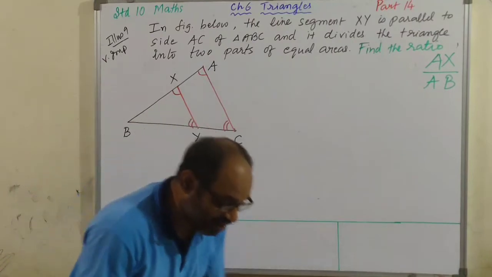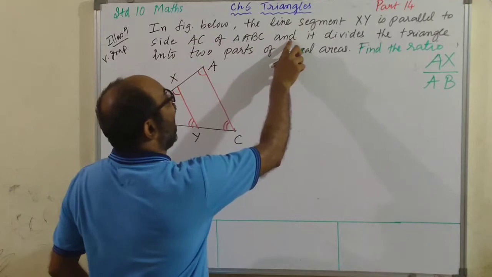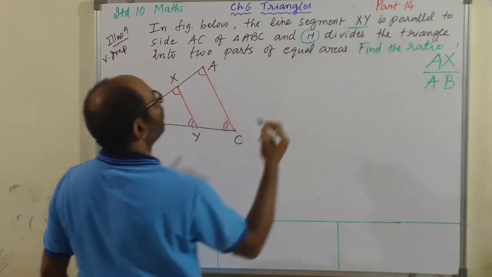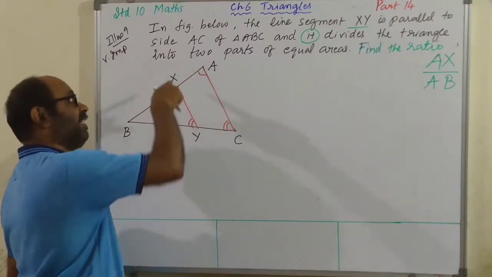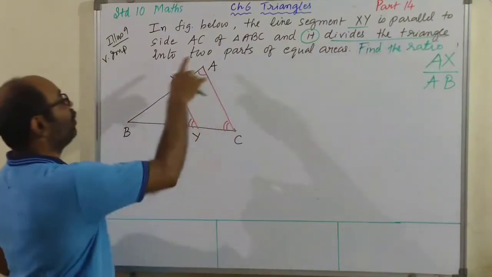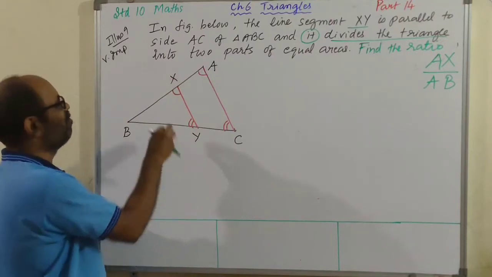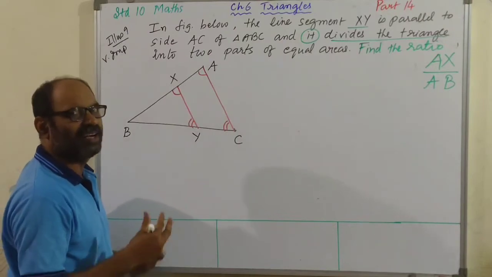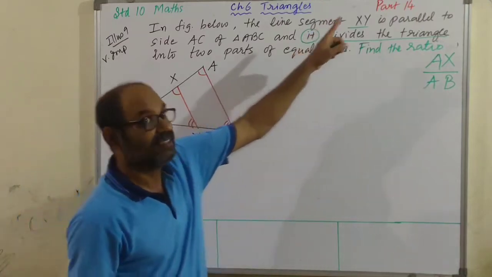Now, one very interesting condition. Line segment XY is parallel to the side AC and line segment XY divides the triangle into how many parts? 2 parts. One is a triangle and the other is a trapezium or quadrilateral, call it a trapezium.